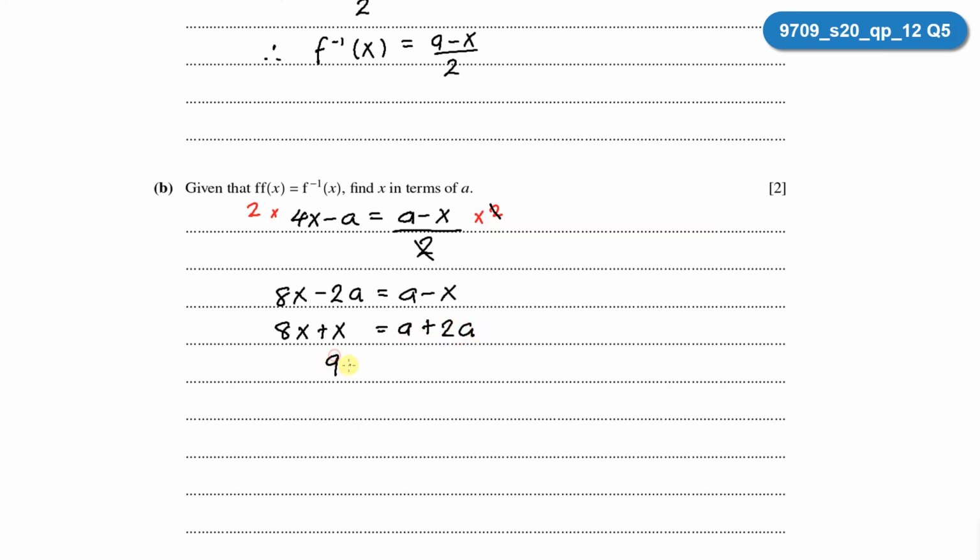So that's 9x is equal to 3a, and dividing by 9 both sides, we get x is equal to 3a over 9, which is the same as a over 3, since 3 gets into 9 3 times. So the answer comes out as x is equal to a over 3. And that's how we work out part B.